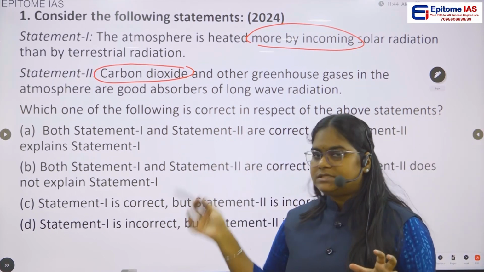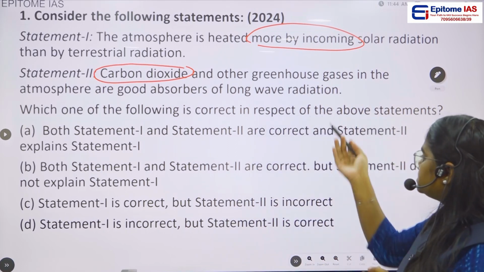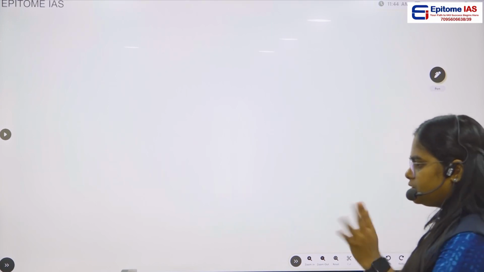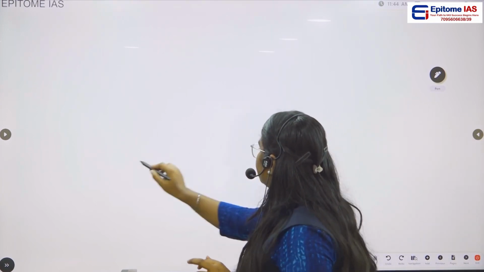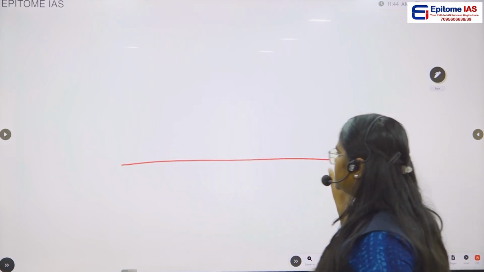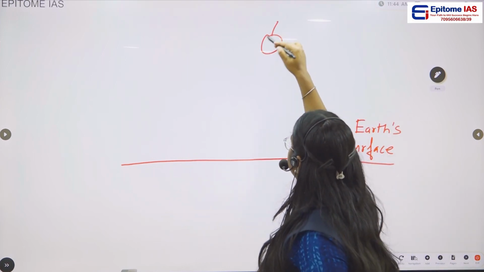Before answering this question, let us have a quick recap about incoming solar radiation, terrestrial radiation and the carbon dioxide and the greenhouse gases. Let us say this is the surface of earth, and we have the sun here.